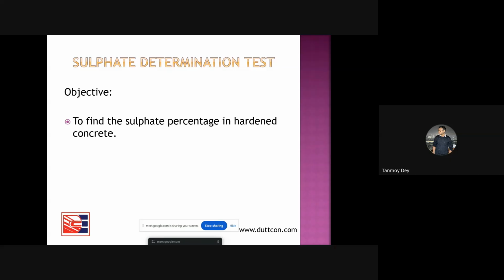In a chloride atmosphere, say in a coastal area or in a chloride plant, where chloride penetration has more chance, the rate of chloride penetration is tested. How much chlorine is there is important, but more important is how fast it is penetrating. So through RCPT, we have found another NDT test.